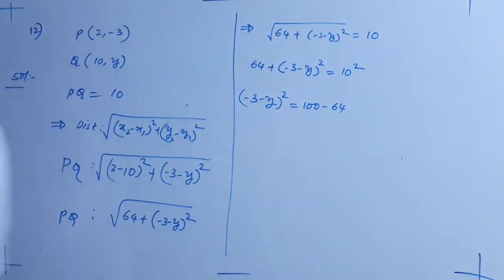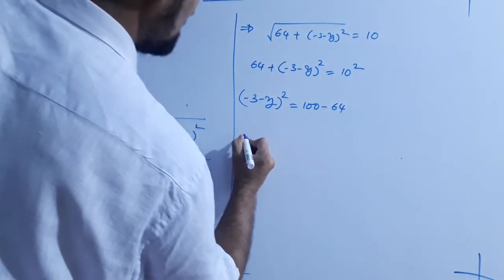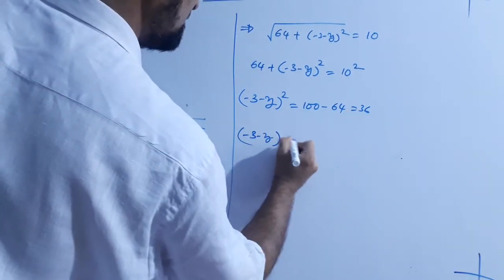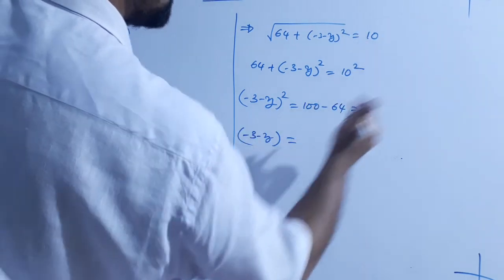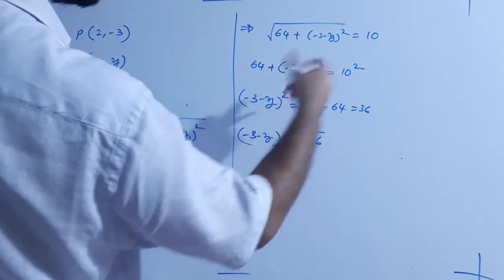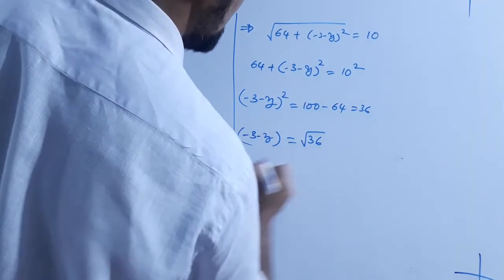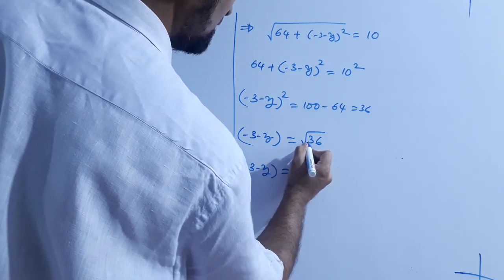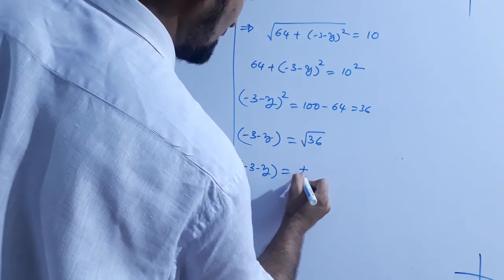(Minus 3 minus y) whole square equals 36. The square, when it goes over there, becomes root. So minus 3 minus y equals root of 36, so plus or minus 6.